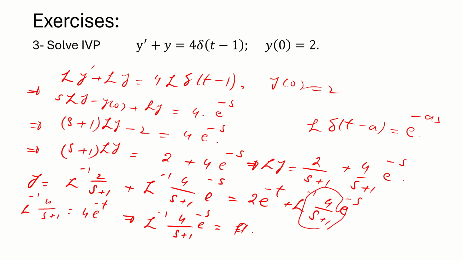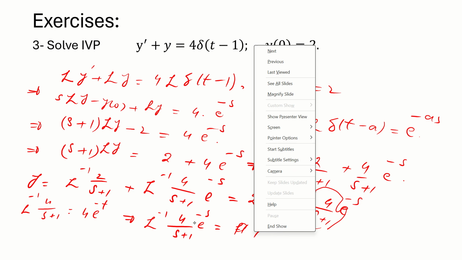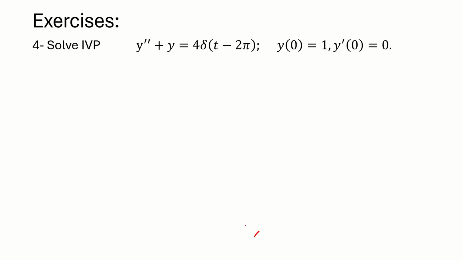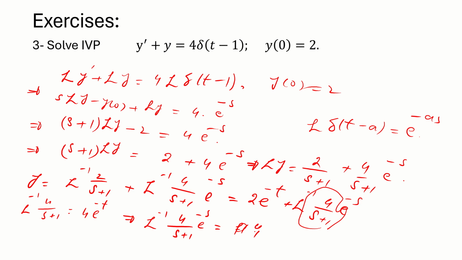So we'll take 4 times e power minus (t minus 1) u(t minus 1). That's the Laplace inverse of this part. So the solution is y is equal to 2 e power minus t plus 4 e power minus (t minus 1) u(t minus 1).